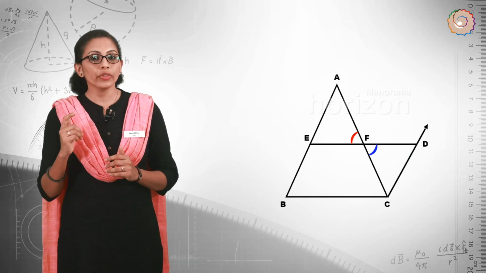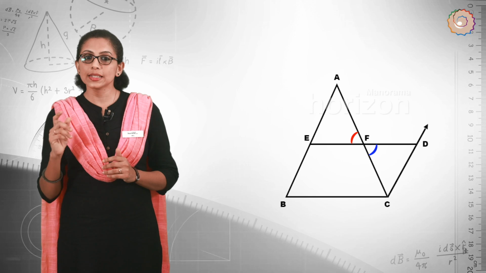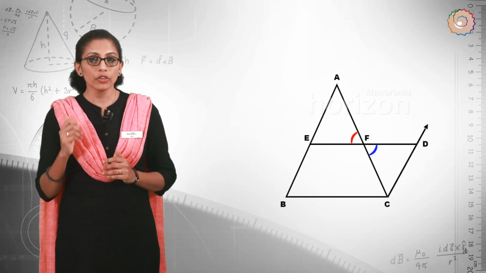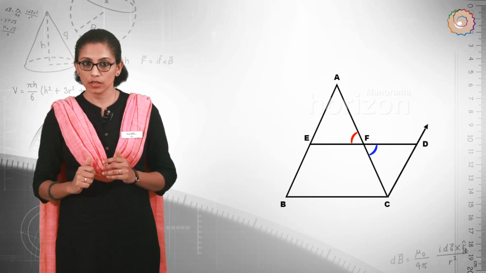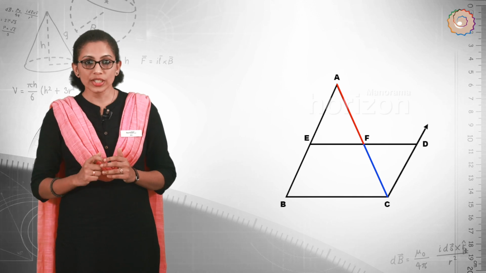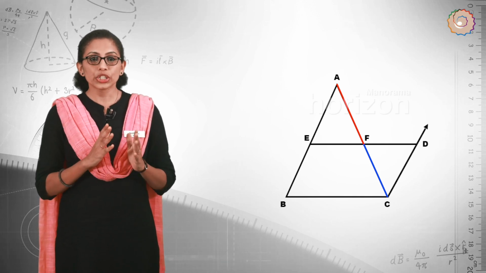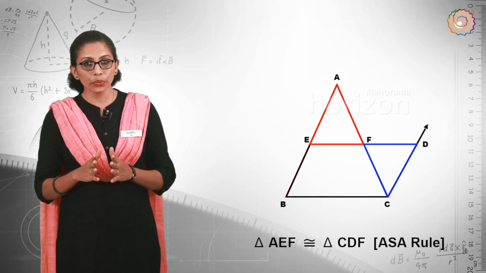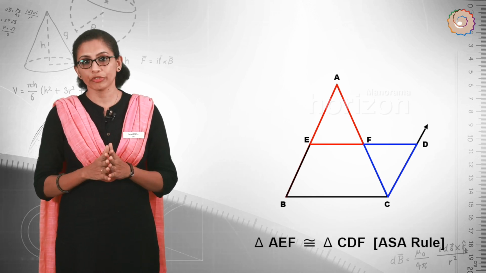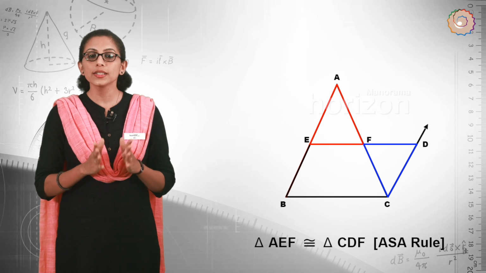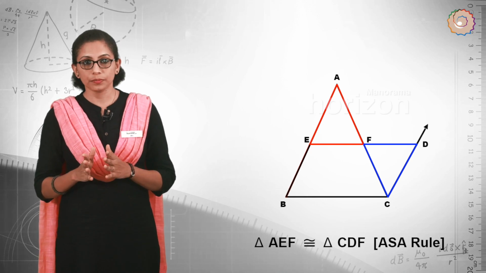Angle AFE is equal to angle CFD. What is the reason? Vertically opposite angles. AF is equal to CF, as F is the midpoint of AC. So, triangle AEF is congruent to triangle CDF by the ASA rule, that is angle side angle.